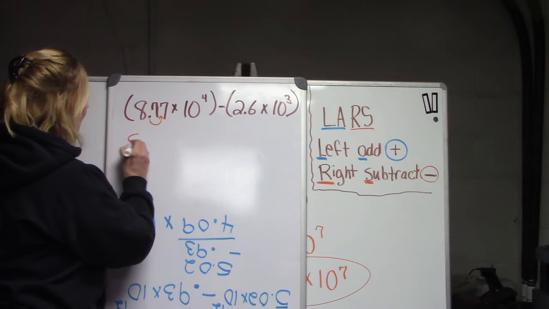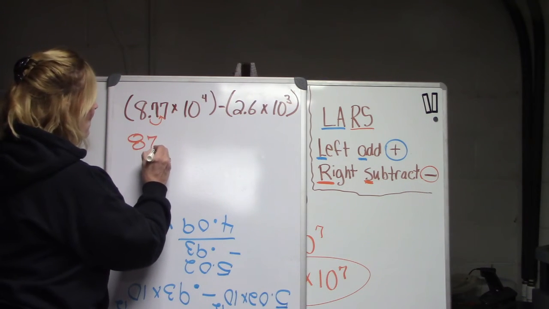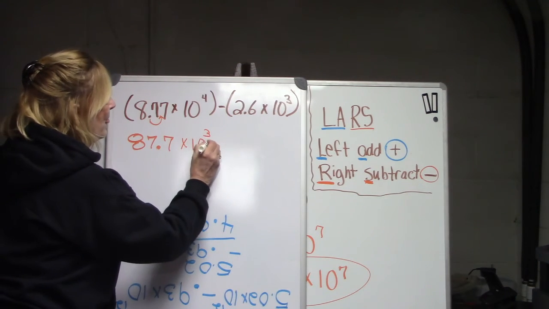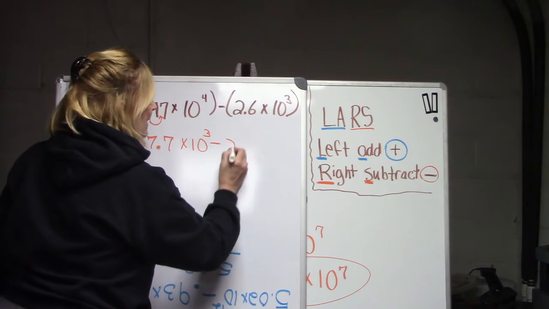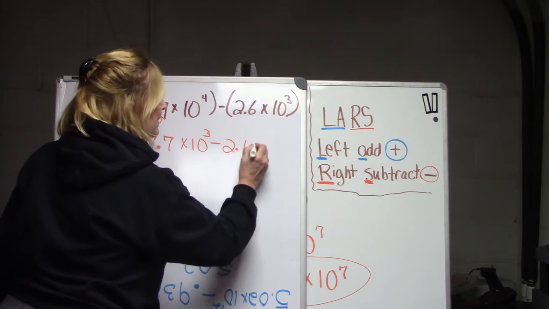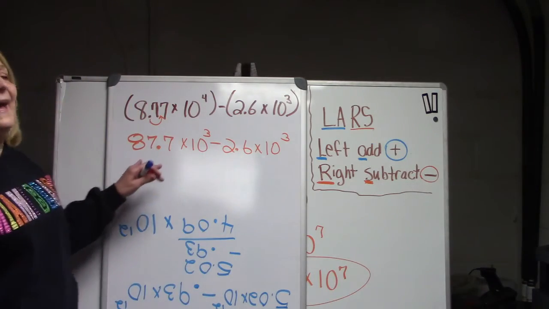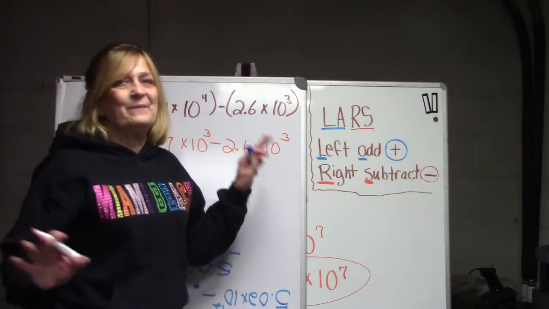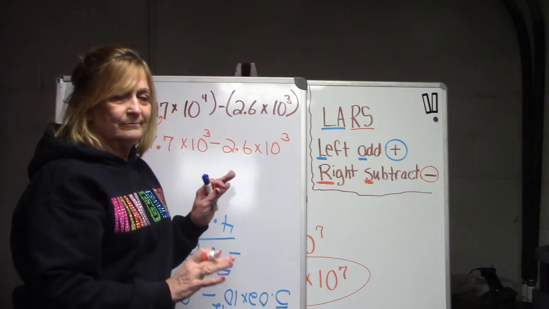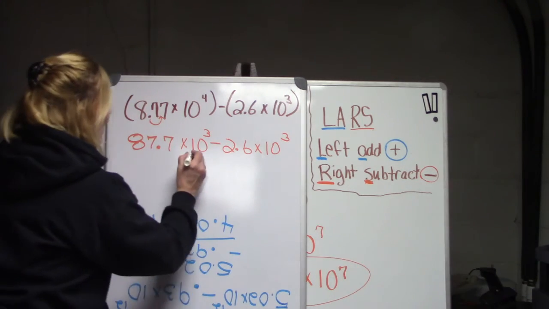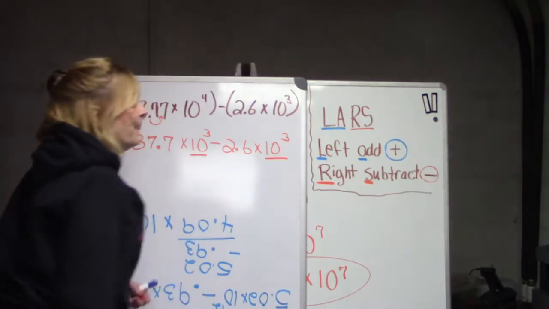So I get 87.7 times 10 to the 3rd minus, and this one I'm leaving the same because it's to the 3rd. Again, it doesn't really matter which way you go. It's not a problem. And now I've got to the 3rd, to the 3rd.